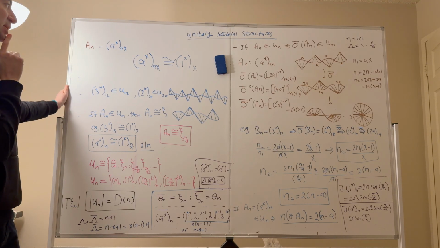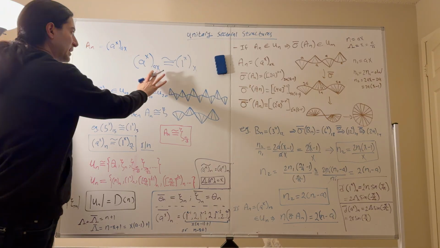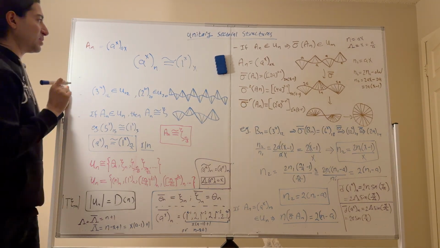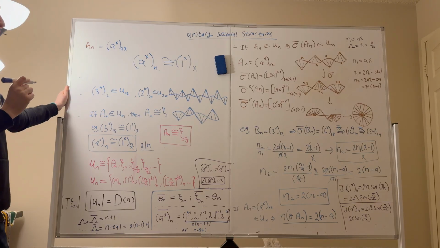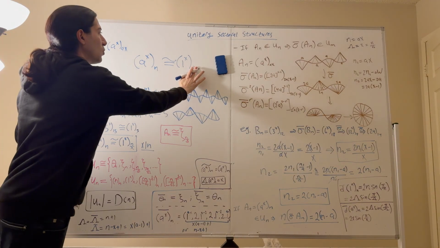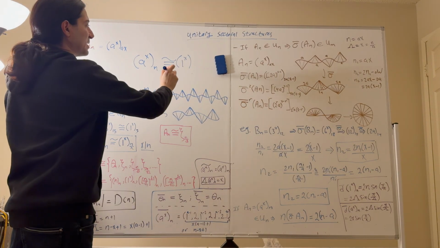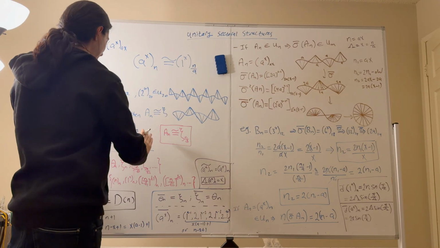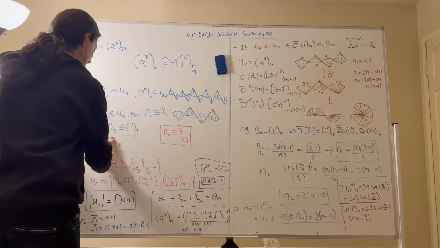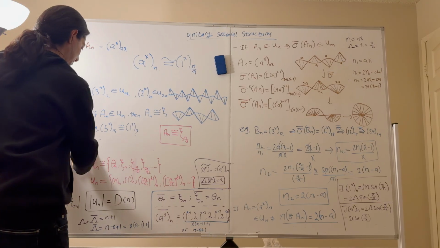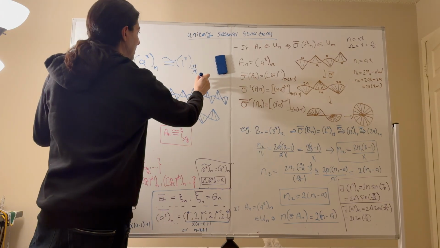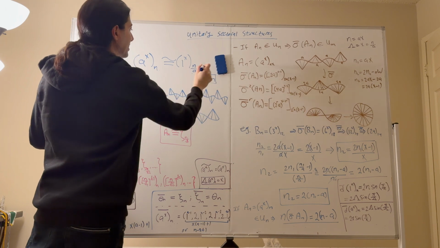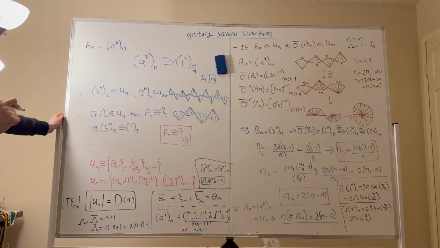Alternatively, we can express this in a different way. We can say a to the x subscript n is isomorphic to 1 to the x subscript n divided by a, such that a is a factor of n, or a divisor of n.